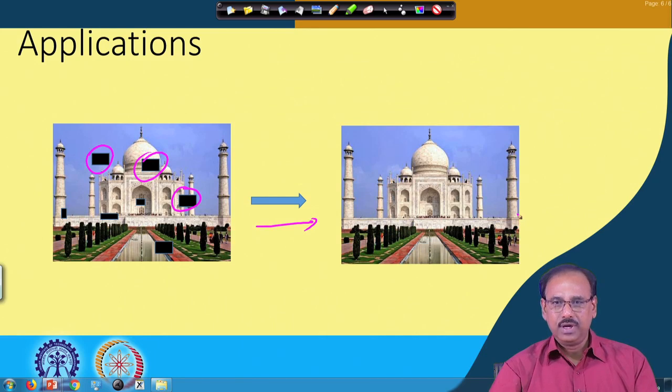So, in the output video sequence, whichever region I find that the reconstruction error is very large, I can identify that in those regions some abnormal activity is taking place. So, these trained autoencoders can also be used for abnormal activity detection.